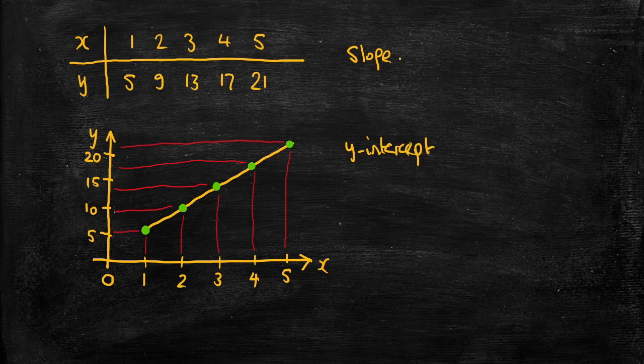It's easier to think about the slope first, and the slope is defined as rise over run, which is the change in y. Because y is on the vertical axis, that's how much the graph is either rising or falling. And then the run, that's the horizontal axis, that's the change in x.